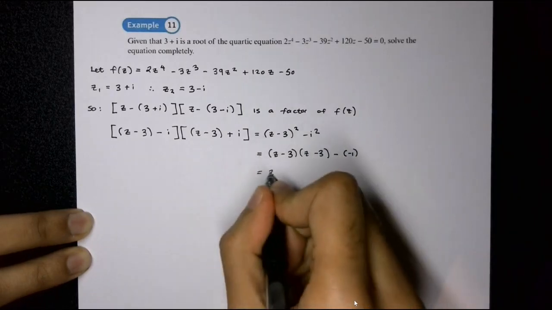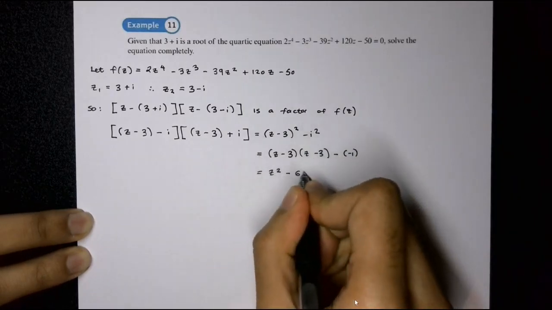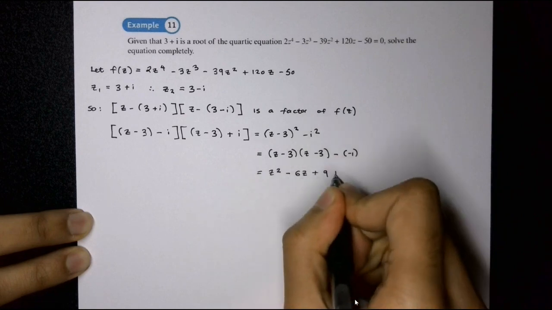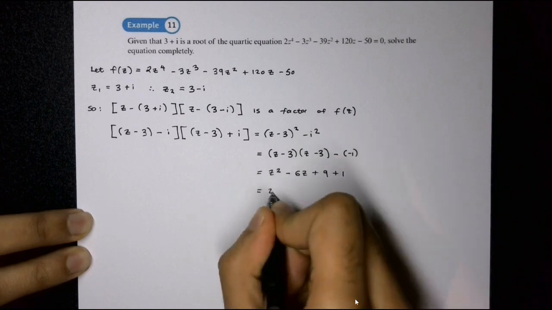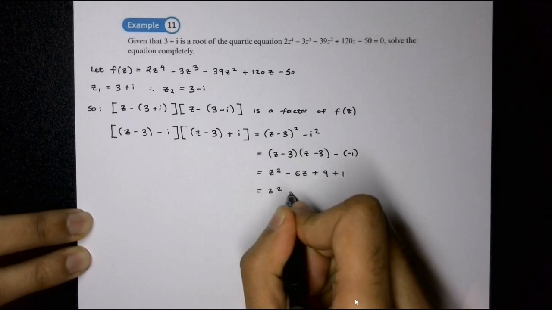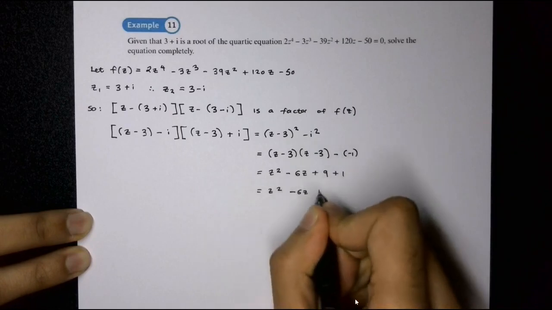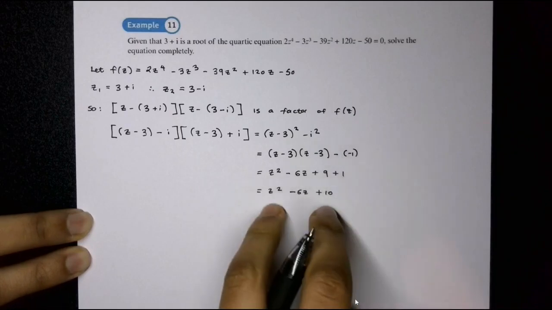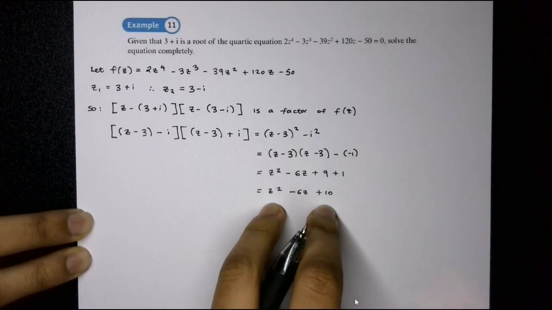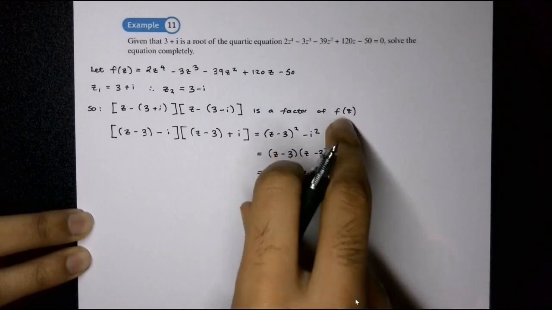So we've got z squared minus 6z plus 9 plus 1. Simplifying this, we've got z squared minus 6z plus 10. This is a quadratic factor of f of z.